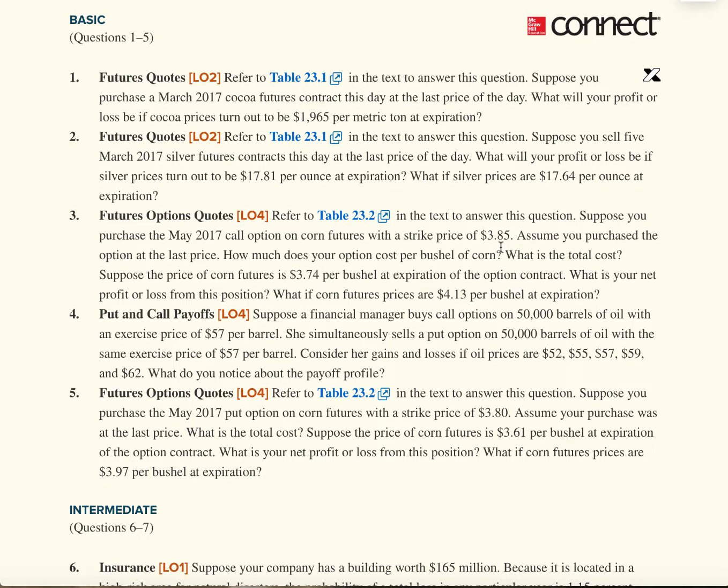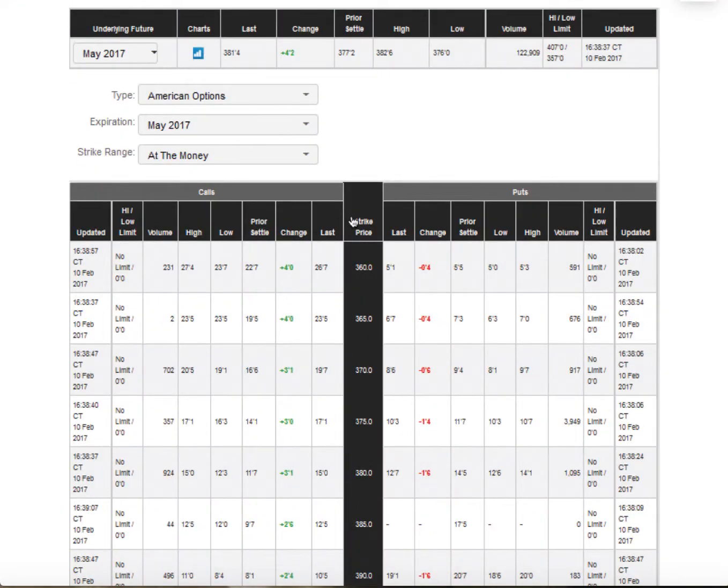Right off the bat, we know our strike price. So I'm going to click on table 23-2, and it takes us right to our options pricing quote.